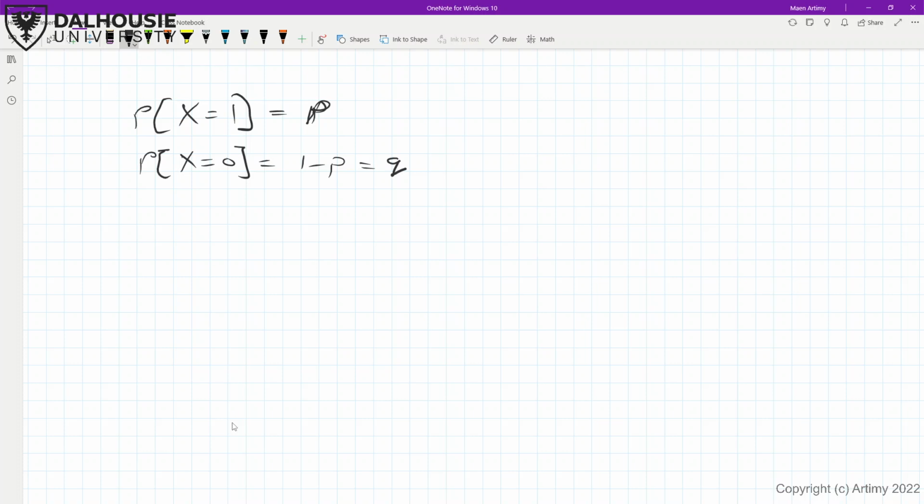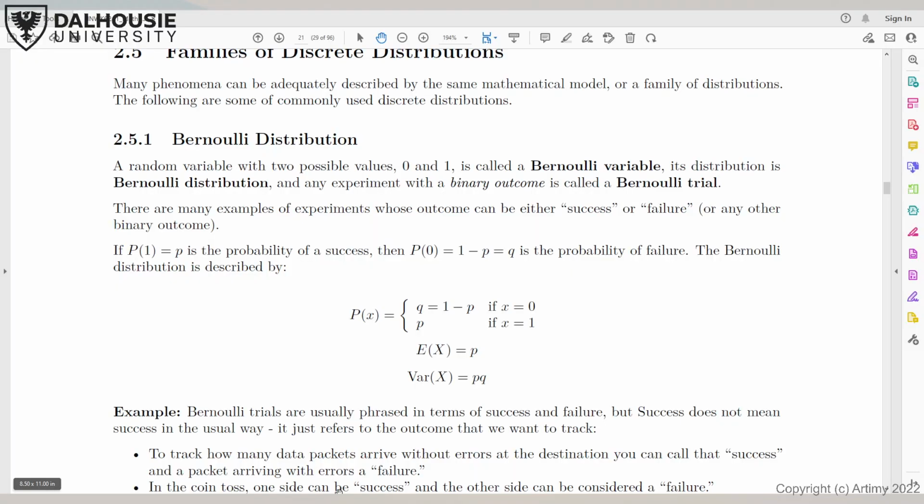Okay, so the distribution function can simply be represented as this formula, which is P of x equals p if x equal 1, or q if x equals 0, right?